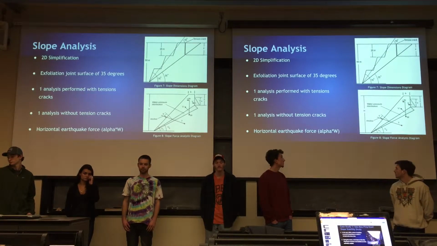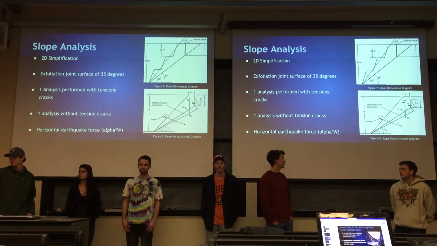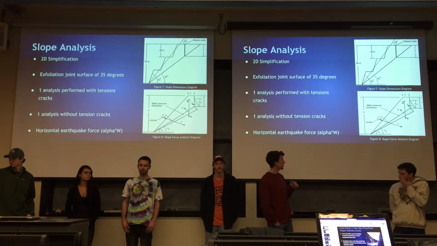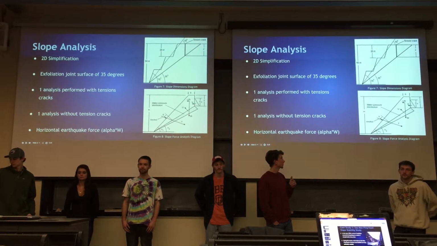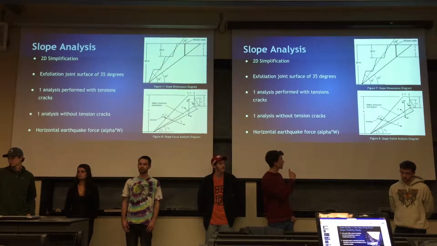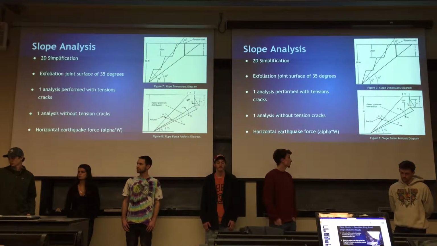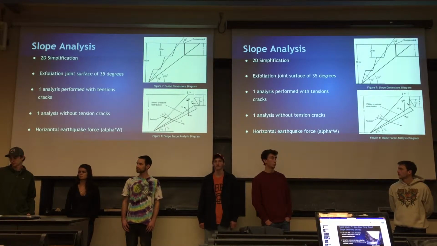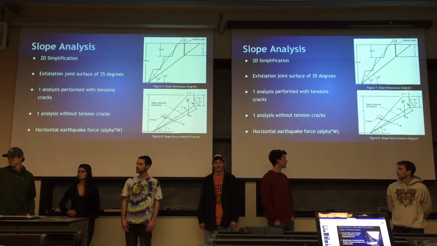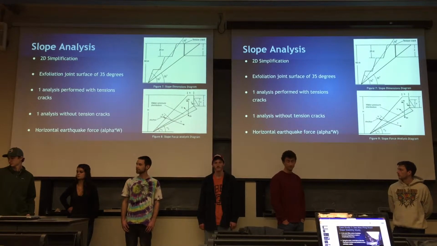Along the bottom side of the slope, there's a pore water pressure pushing the slope up at an angle, and then at the top, they did one analysis including the force due to the tension crack water, which is that horizontal force at the top right. In addition to these forces, they accounted for minor earthquakes by putting in the alpha W force you see there, which could cause the slope to fail.